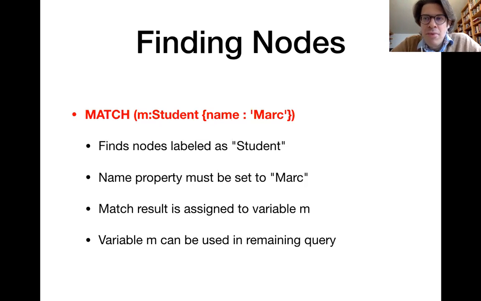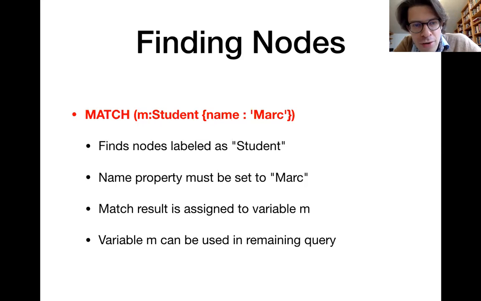Here, I'm asking the system to match nodes of label student and having a property name with value Mark. And I'm asking the system to match such nodes to the variable m.